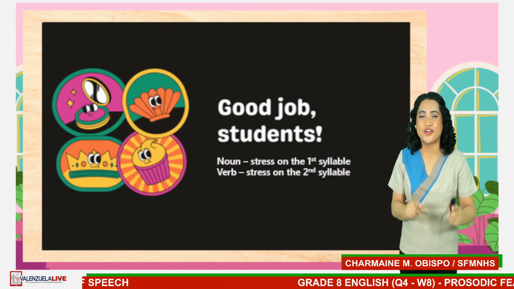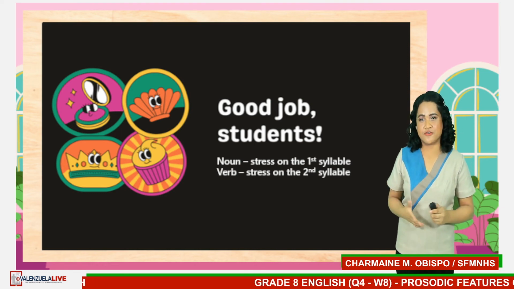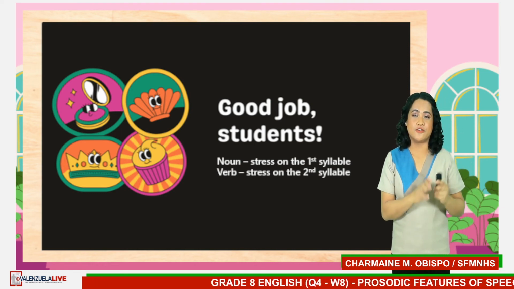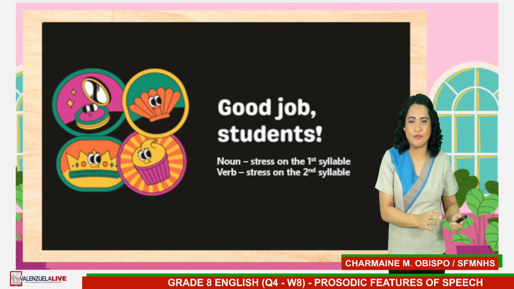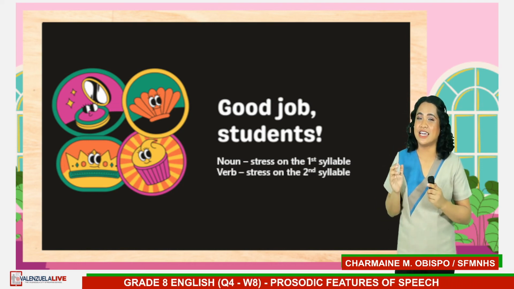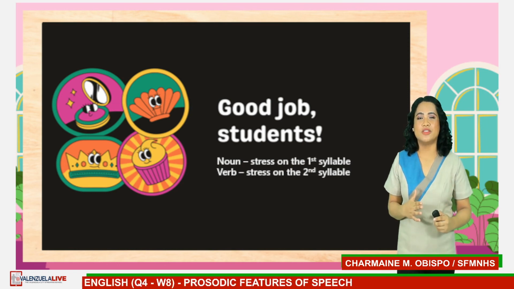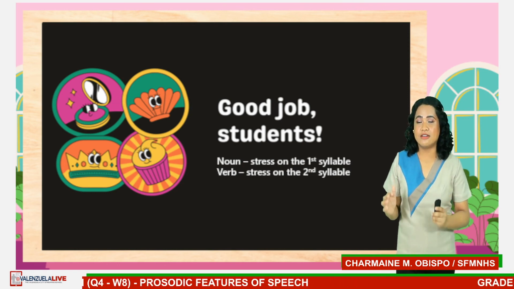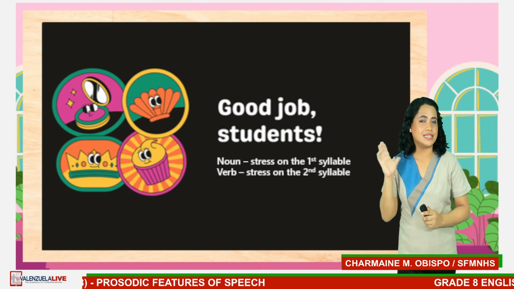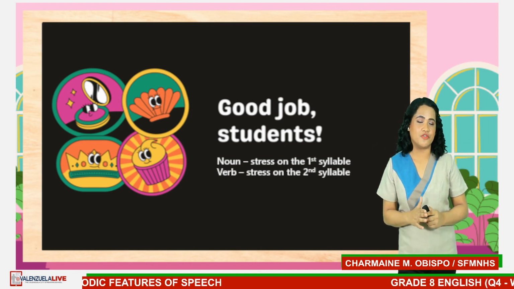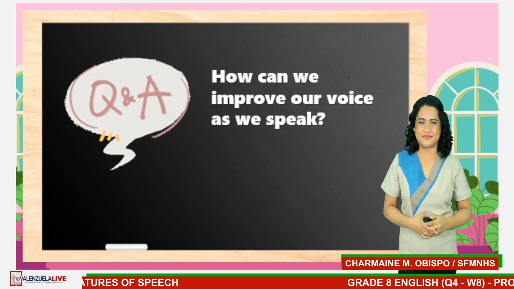Remember that for words that can either be nouns or verbs, we put the stress on the first syllable to indicate nouns and put stress on the second syllable to indicate verbs. Also, take note that being able to tell the sounds and stress correctly while listening can also help you improve the way you speak.